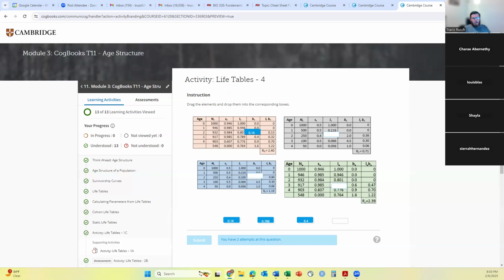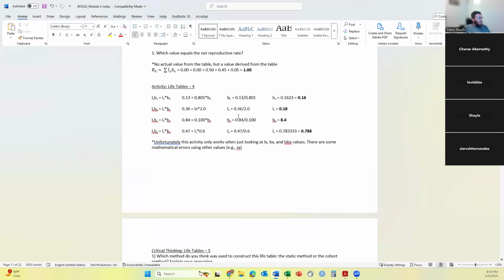So here, I'll show my notes on it. You're going to have this LXBX equals LX times BX, and we're given two out of the three values, right? We're usually given 0.13 and 0.81 for the first one, and then in order to solve for this BX, we have to move the 0.8 over.